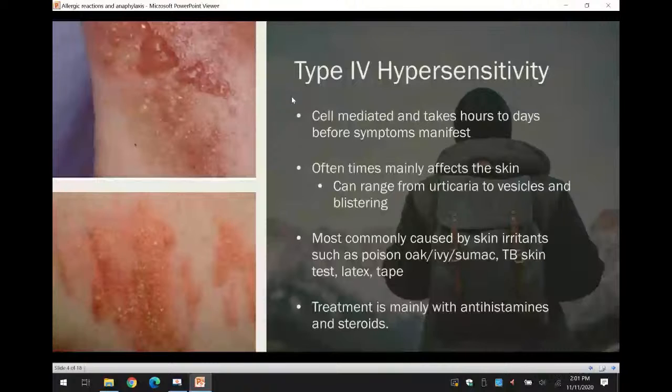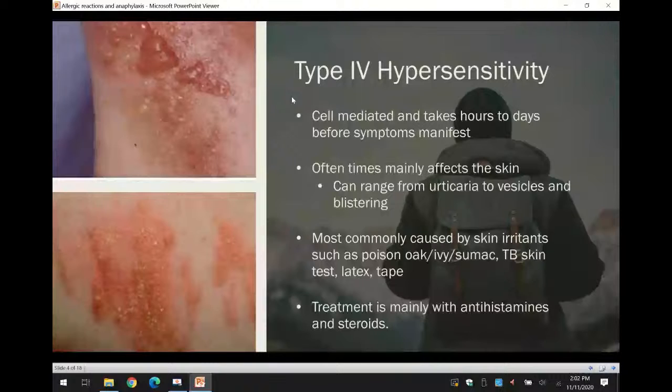Now, sometimes the type 4s can become severe, as people get exposure to poison ivy or something like that, and they're scratching and rubbing areas and they don't have any rash or symptoms for days, so they're spreading it all over their body without knowing.